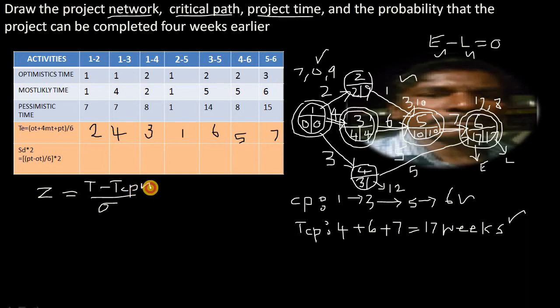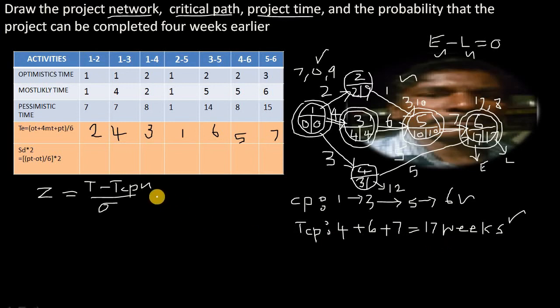The targeted time is the time given in the problem, that is 4 weeks earlier. The expected time takes 17 weeks, and 4 weeks earlier means 13.